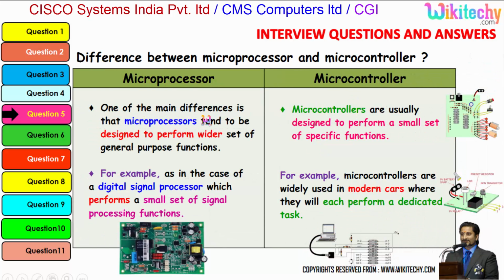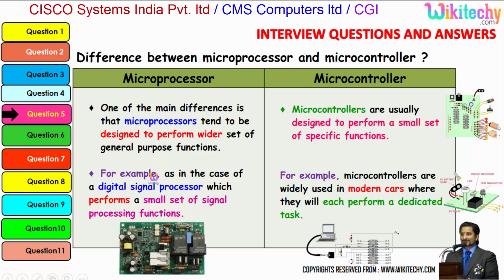One of the main differences is that microprocessors tend to be designed to perform a wider set of general purpose functions, for example, a digital signal processor, which performs a small set of signal processing functions. Whereas microcontrollers are used to perform a small set of specific instructions or functions.